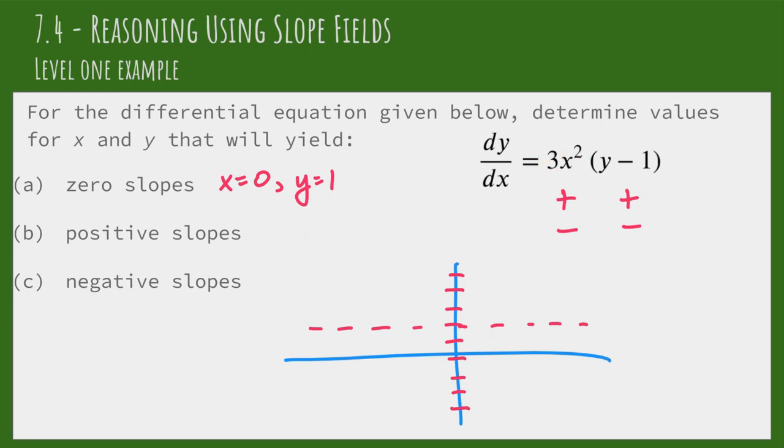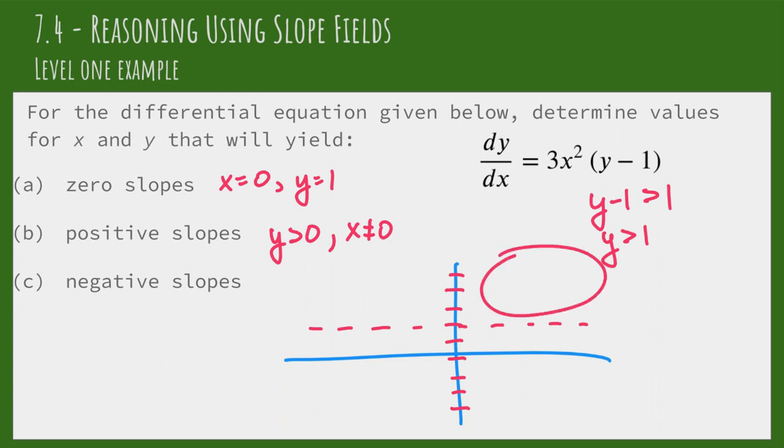So we're going to get positive slopes when y minus 1 is positive. Also when 3x squared is positive, but that's going to be for all x values besides when x equals 0. So that's going to be when y is greater than 1. So for any value in our slope field where y is greater than 1 and x is not equal to 0, because if x is equal to 0, you'll get 0 slopes, we're going to see positive slopes.